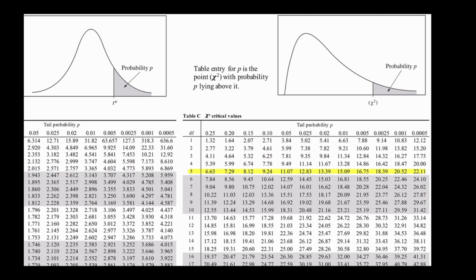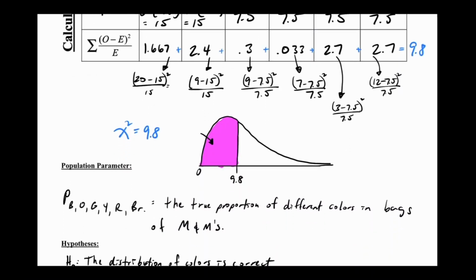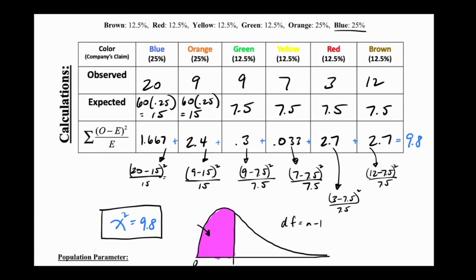So when we're doing this, we're going to use our chi-square overall score with our degrees of freedom. Remember, degrees of freedom for chi-square is categories or proportions minus 1.